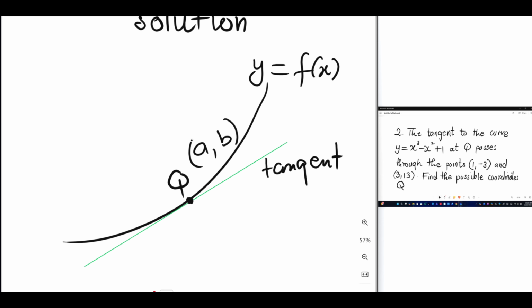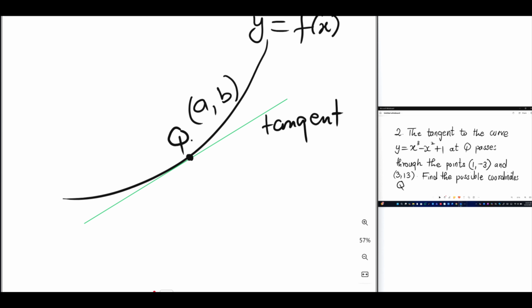All right, now they are saying that the tangent passes through 2 points, and the first point has a coordinate of (1, -3). All right, so these are the points. So it means these points are on the tangent since the tangent passes through them.